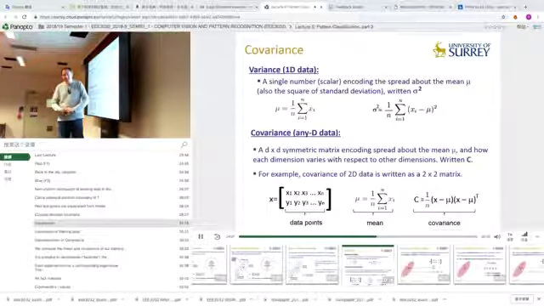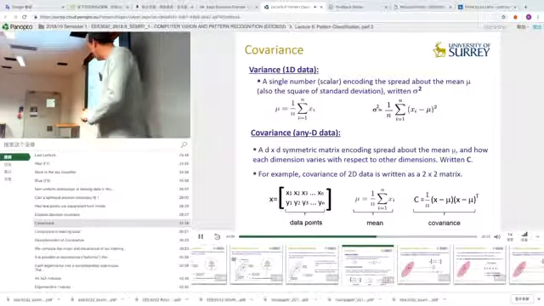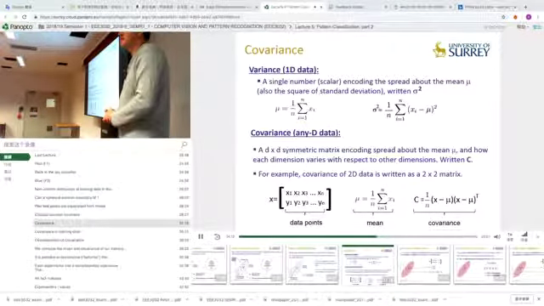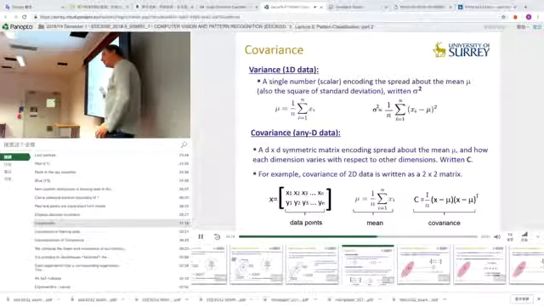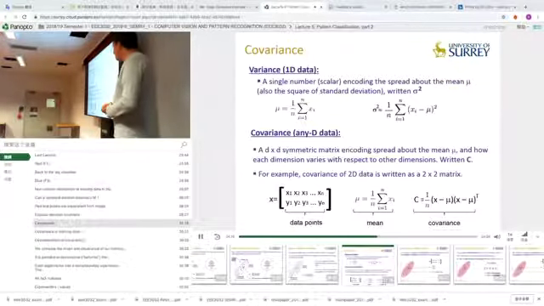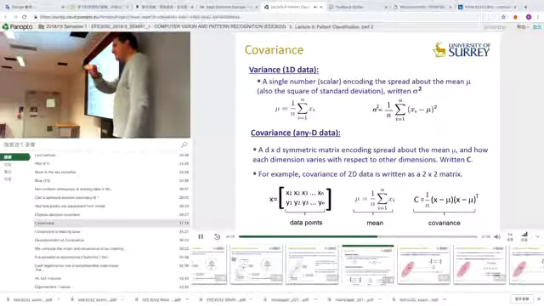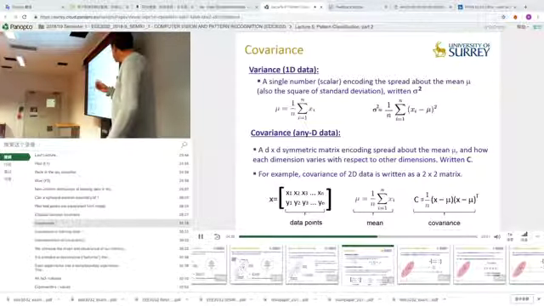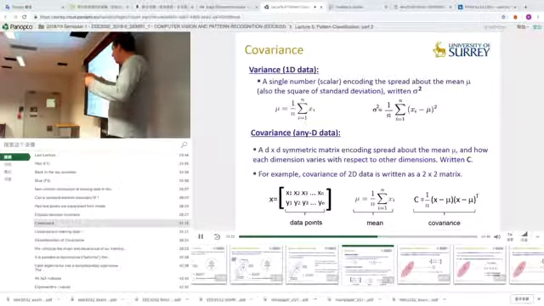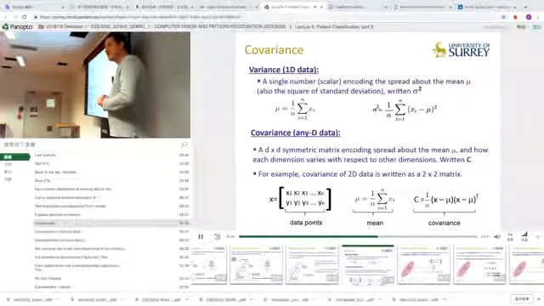So what is the meaning then of these entries in this matrix? Well, if we were looking down the diagonal of the covariance matrix, then each of those numbers down the diagonal corresponds to the variance of the data along that respective axis of the space.